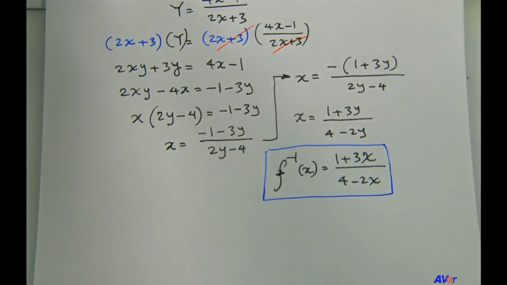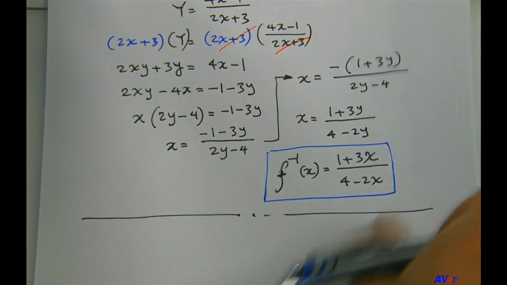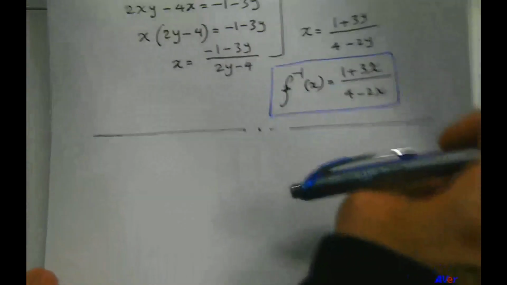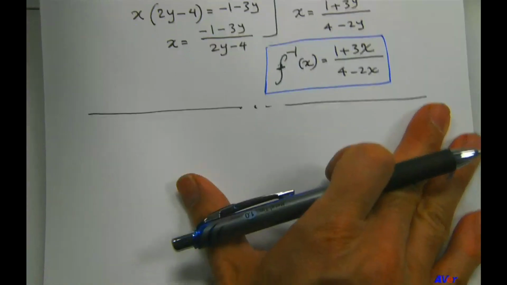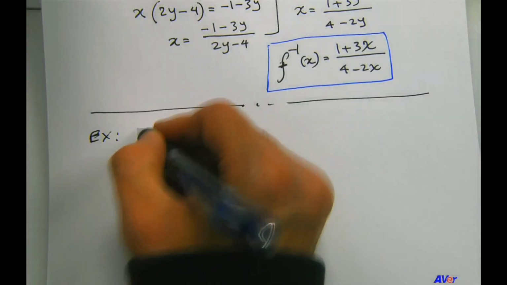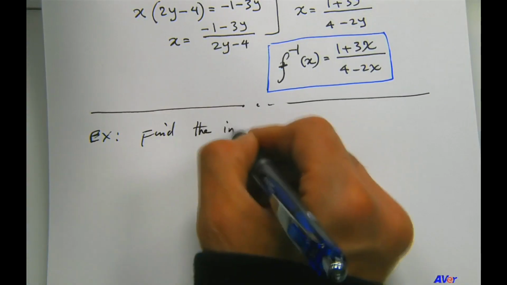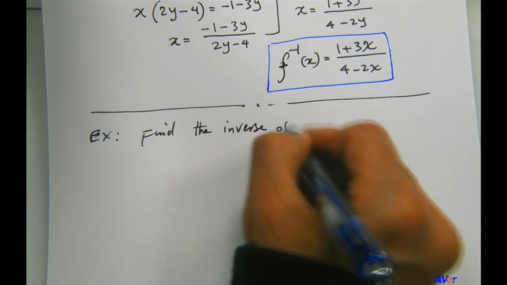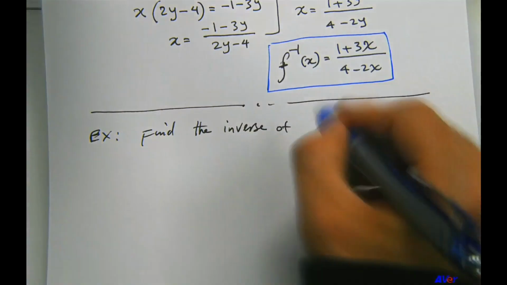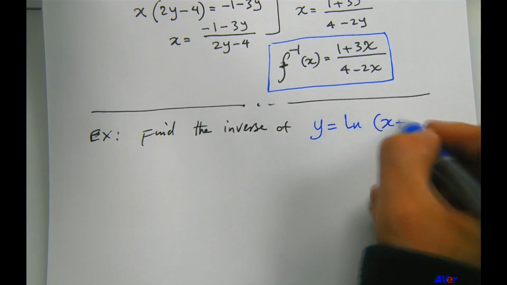So let's do another one, just to refresh our memory, right, about this stuff. We want to find the inverse of this function, y equals natural log of (x plus 3).